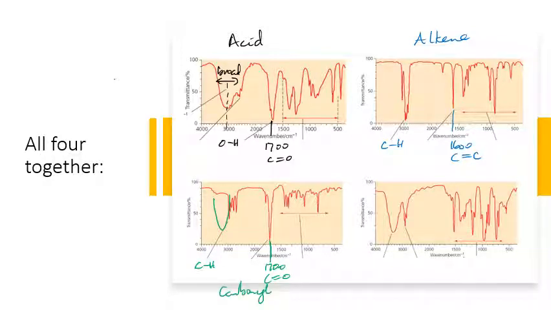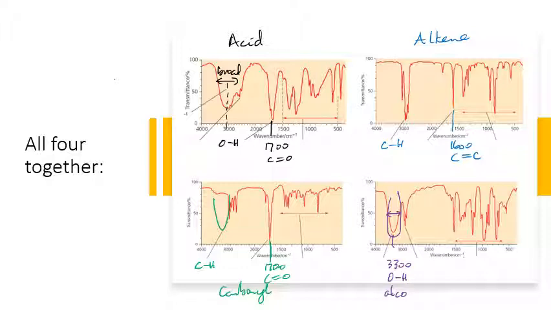And going to the bottom right, then this is our distinctive peak here at about 3,300, right? And it's broad, but it's slightly less broad than in the acid, right? So this is the oxygen-hydrogen bond in an alcohol, all right?